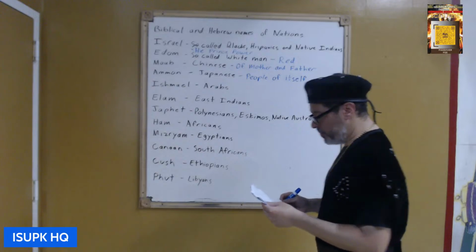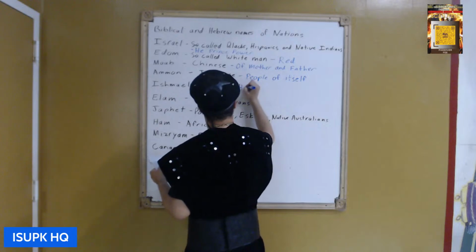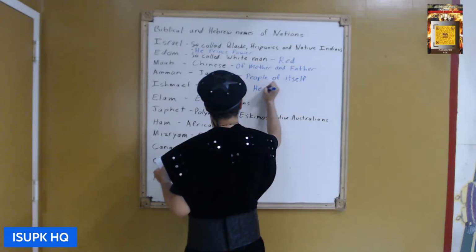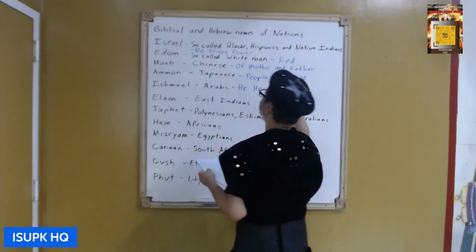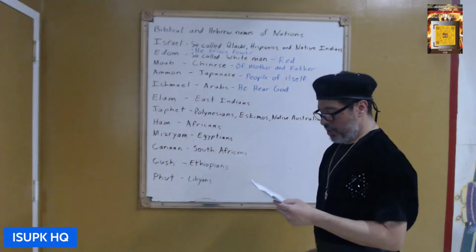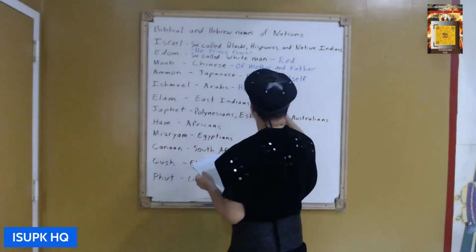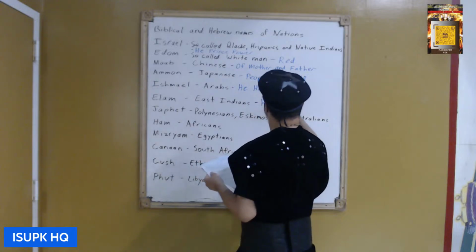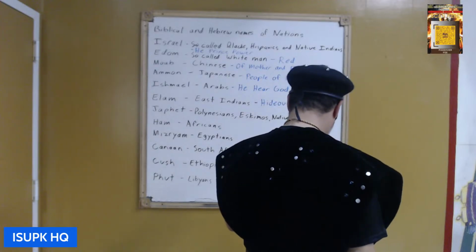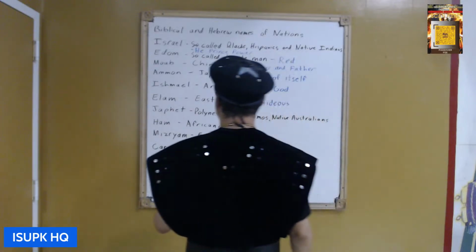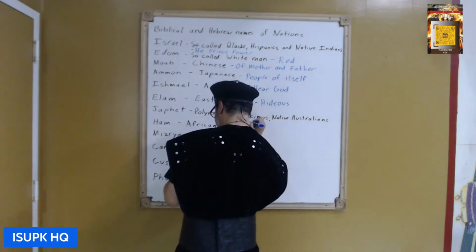Ishmael, which are the Arabs, stands for he, hear, God. Elam is actually hideous. Get out of here. That makes sense. Japheth stands for expand.